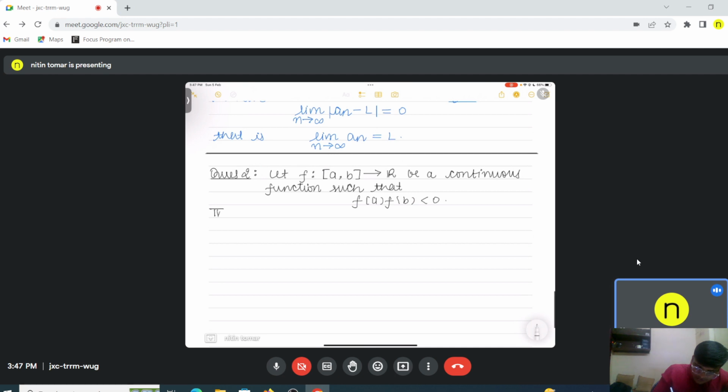Then we have to show that the equation f(x) = 0 has at least one root in the interval (a, b).